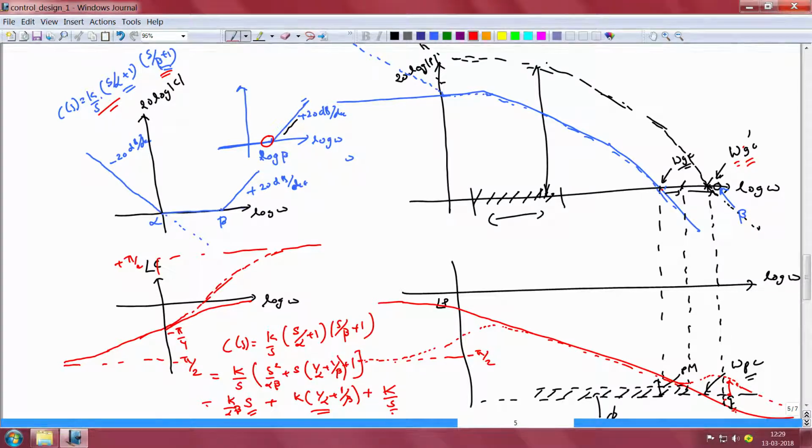Because we have a differentiator term, a proportional term and an integrator term, this kind of a controller is called a proportional integral derivative controller, or PID controller for short. So, this here is the derivative term, this here is a proportional term, and this here is the integral term.